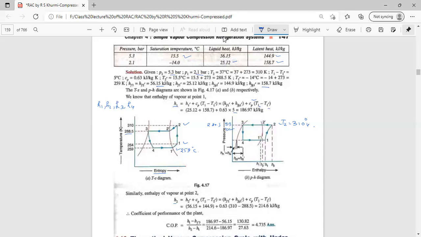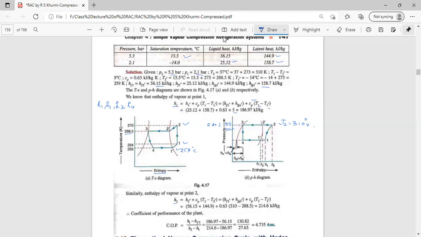So we add the latent heat to the liquid-state enthalpy, that is 56.15 plus the latent heat 144.9, plus the Cp term, giving 214.6.